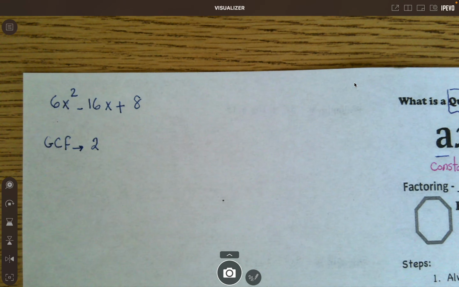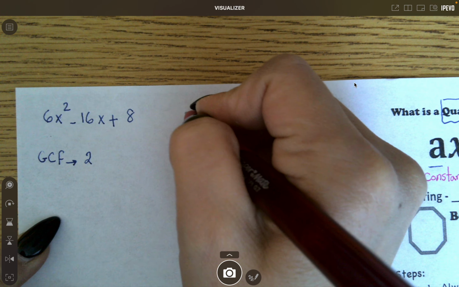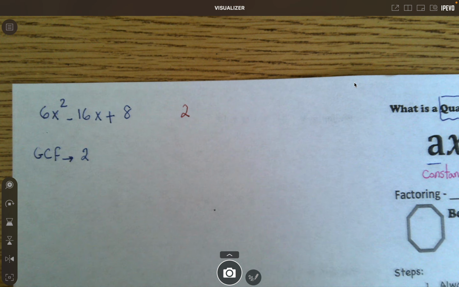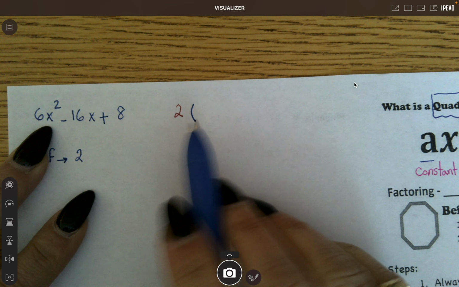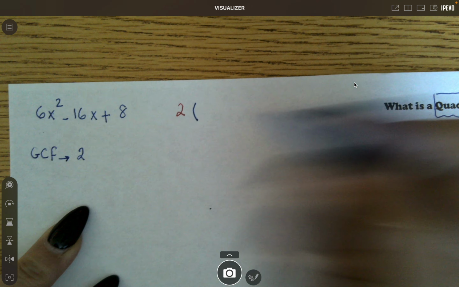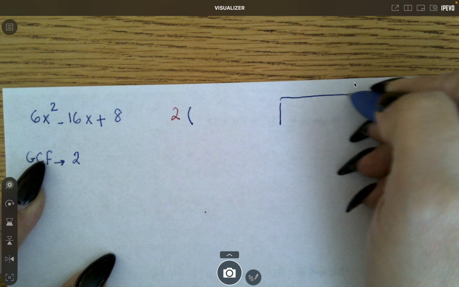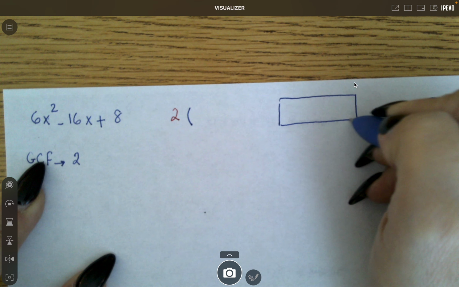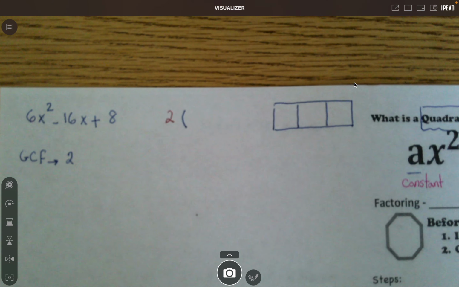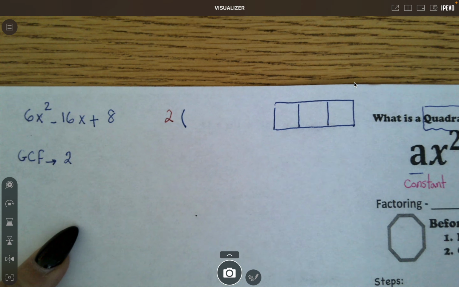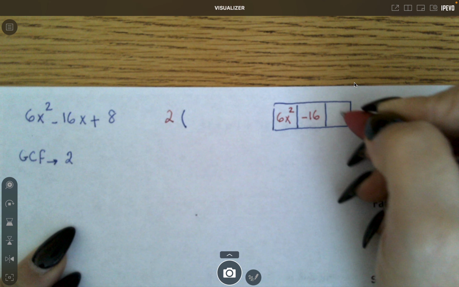So we put that 2 behind the parenthesis, remember from yesterday? We put it behind a parenthesis, and then we simplify. So if you draw your box, let me just draw box 2. We have 6x squared, negative 16x, and 8.